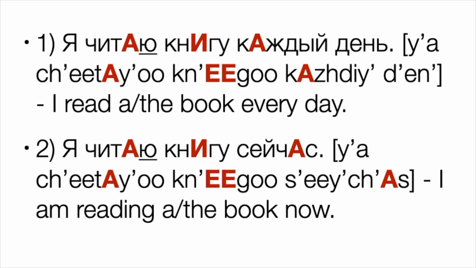I'm reading a or the book now. In the first sentence, каждый день, every day, says that it's a regular action, so it's the present simple. In the second sentence, сейчас, now, shows that we are dealing with the present continuous tense. The endings of both the verbs are the same.